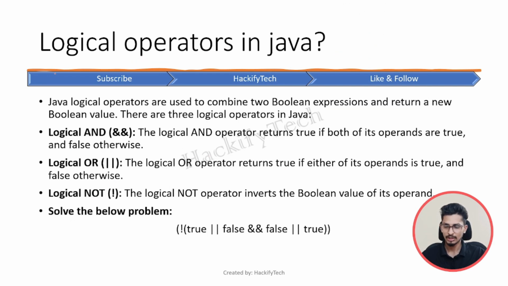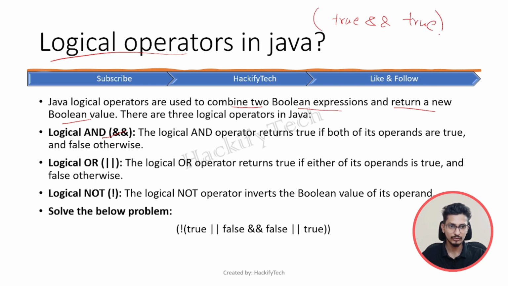Okay, so the next question we have is, what are logical operators in Java? So basically logical operators are used to combine two boolean expressions and return a new boolean value. These logical operators play a critical role when we are working on complex backend things, where we want to check multiple conditions, like true and true.